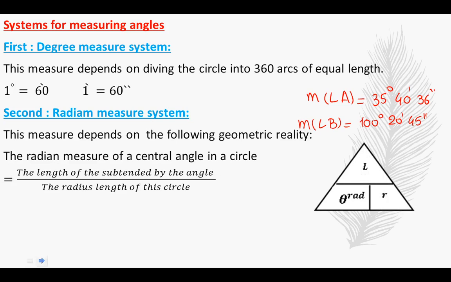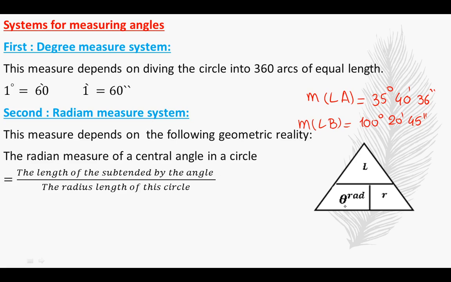And we can draw a triangle for the law, where theta radian equals L over R. If you want to find the length of the arc, the length of the arc equals R multiplied by theta radian.